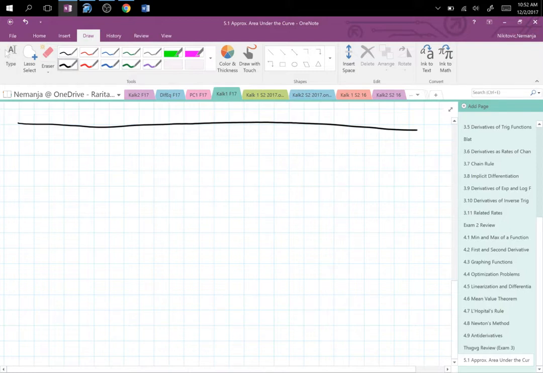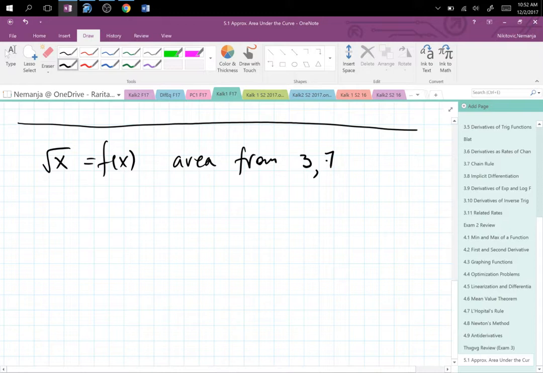So say I have square root of x. That's my function. And I want to compute area from 3 to 7. This should be a closed interval because I include 3 and 7. So, area on 3 to 7.